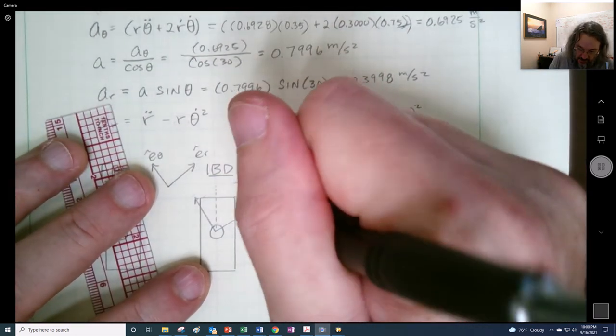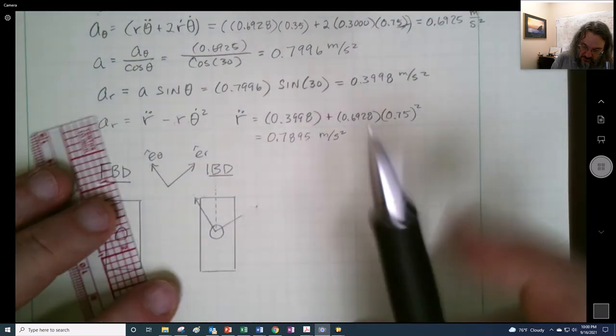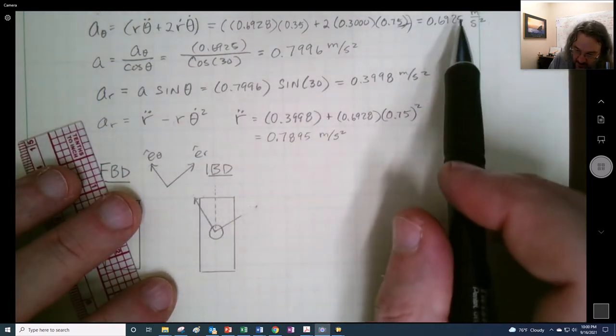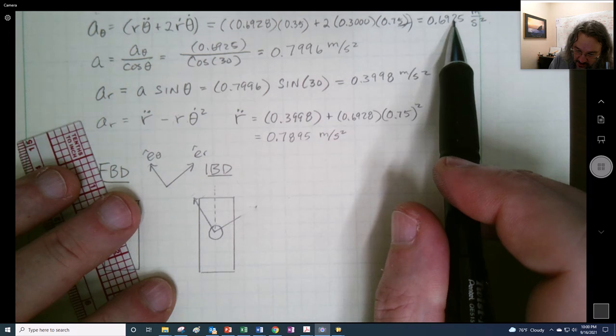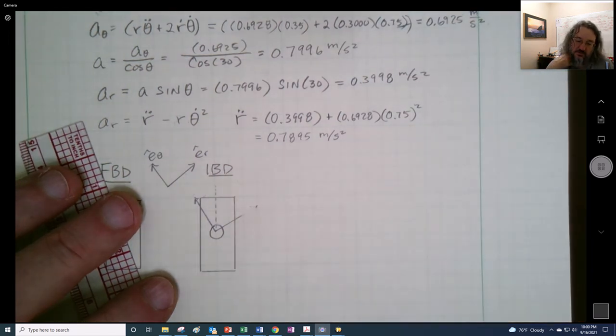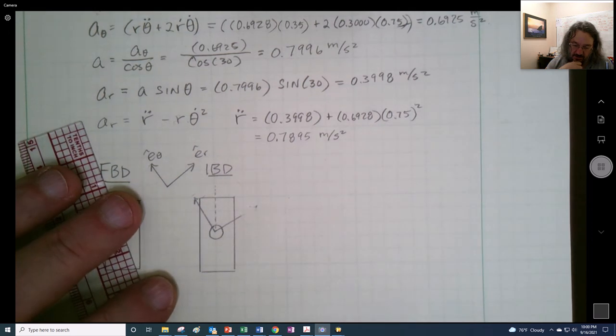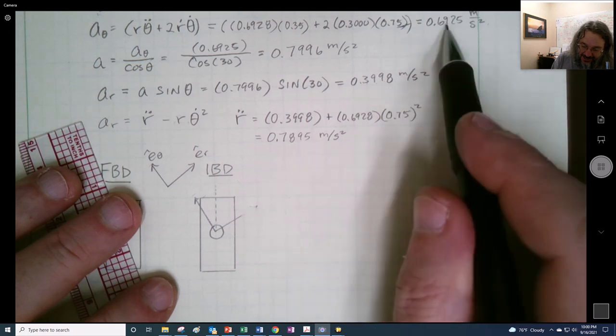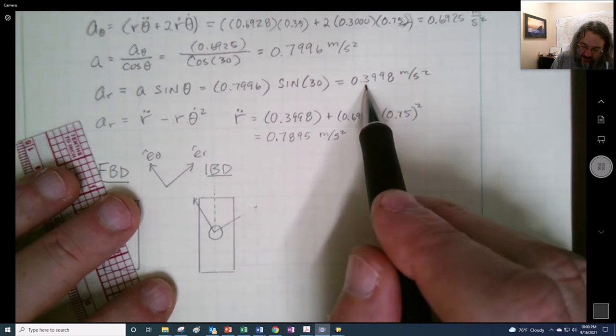I think this one should look smaller. Well, that's a 7.895, and actually they get really close to each other. That's interesting. No, this one's 3.998, and yeah, this is the one we're looking at, 3.9.